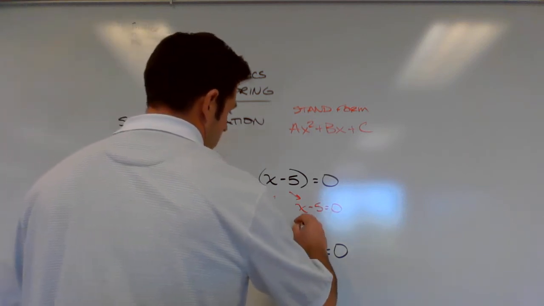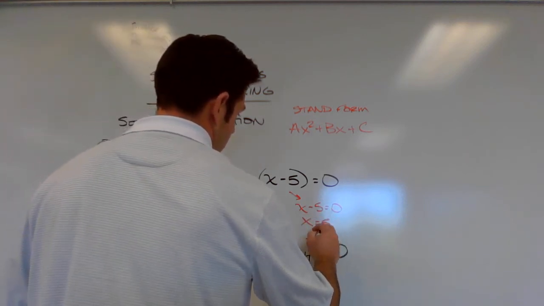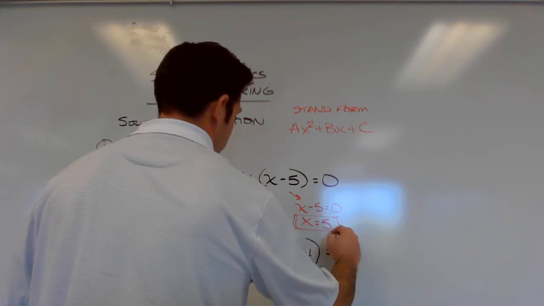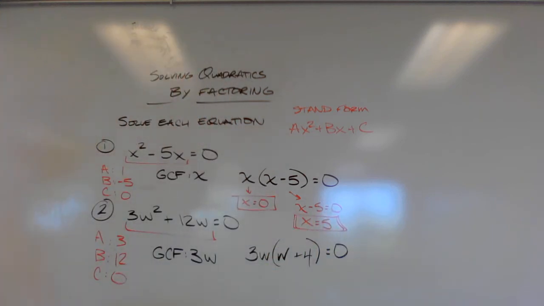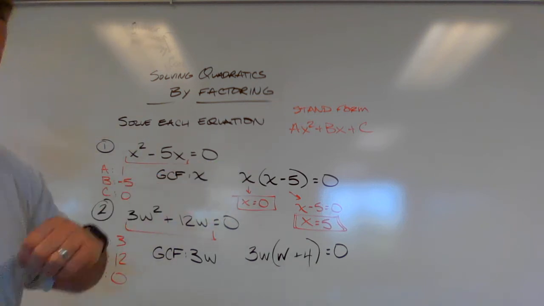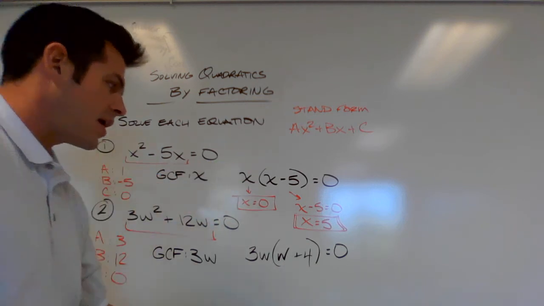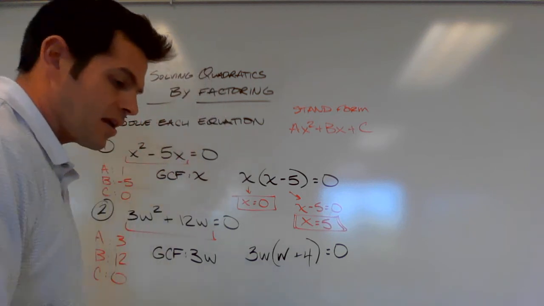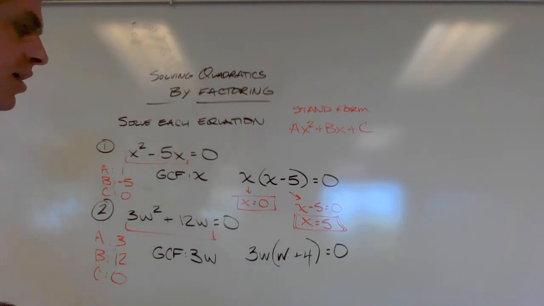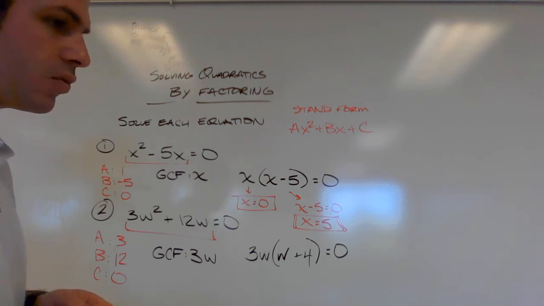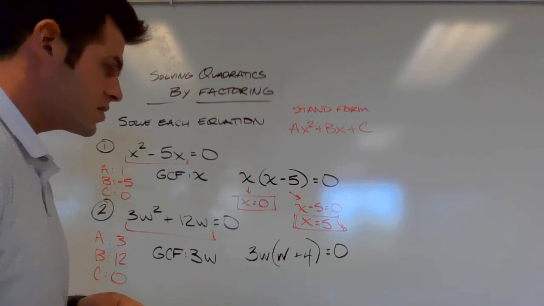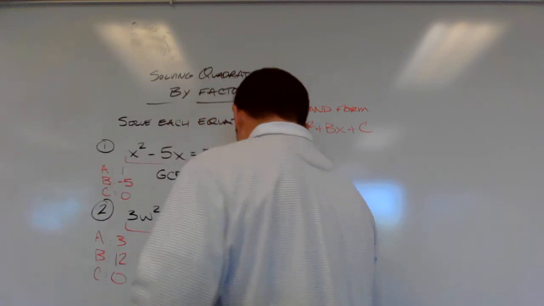And I have x is equal to 5. And again, that's a process you've done an awful lot of here in this class in the first 2 months. So maybe that's something you already knew the answer to, but now we have it set in stone here with the equations. So we definitely have to use that zero product property to calculate what the answers would be here, the solutions to this equation.